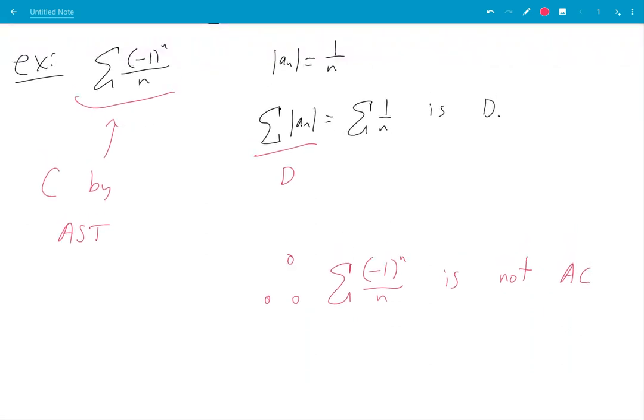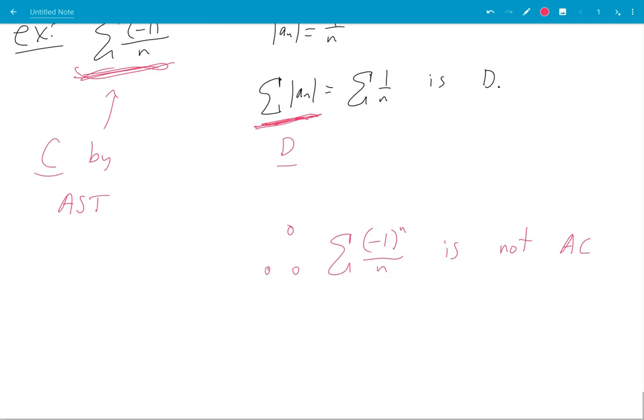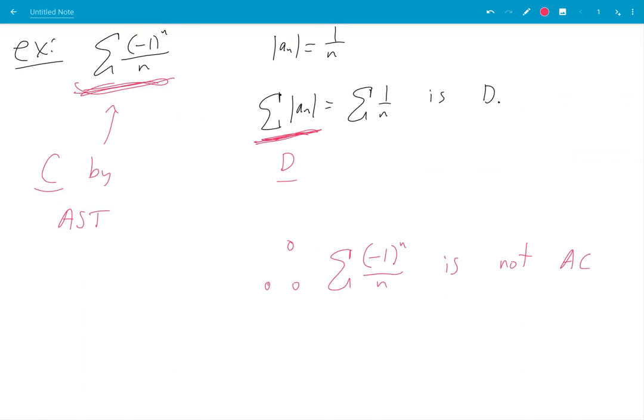Okay, let's recap. We have a series that is convergent, an alternating series. But it turns out that the series of absolute values is divergent. Okay, the original series is convergent, but when I take absolute values, it becomes divergent. This is not absolutely convergent. We have another name for this.